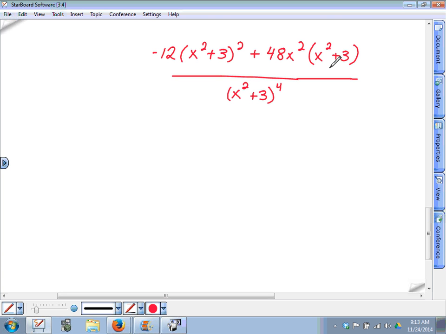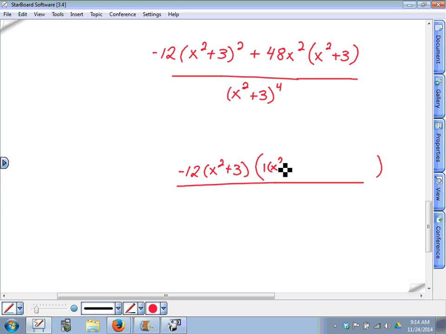This is the second derivative. We're going to simplify a little bit, but this is the second derivative. What can we factor out here? We can factor out a negative 12 times x squared plus 3 maybe. What's that going to leave?